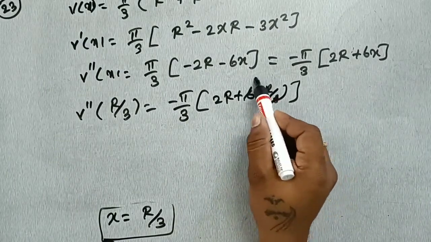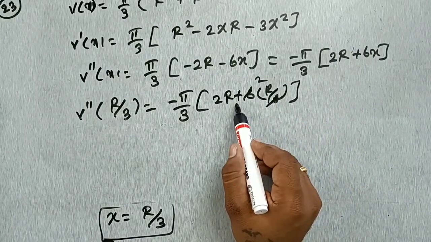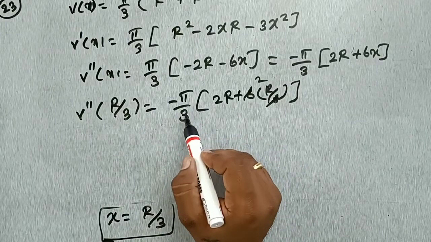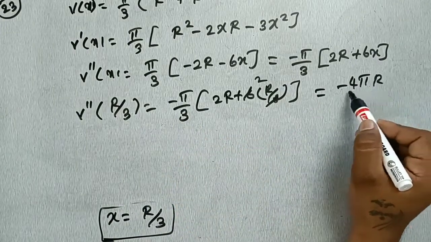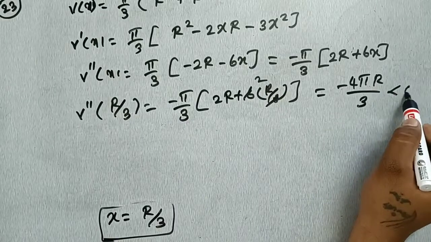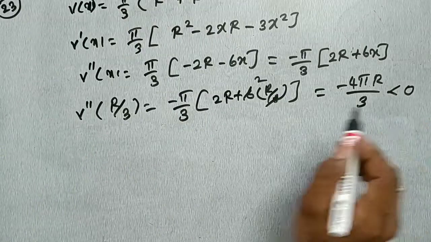We can cancel this, inside will be 2r, so totally 2r plus 2r, 4r. 4r pi by 3, that is minus 4 pi r divided by 3. It is clearly less than 0. So V double dash of r by 3 is less than 0.